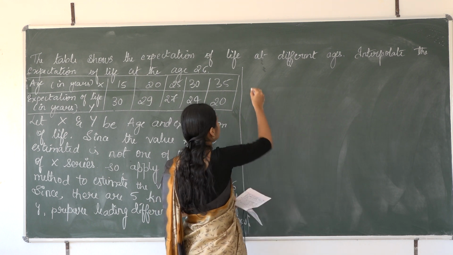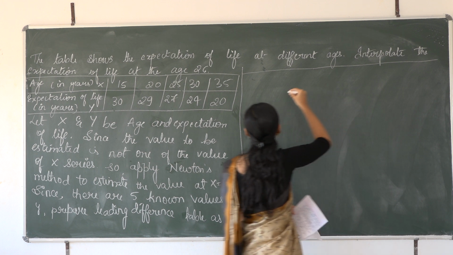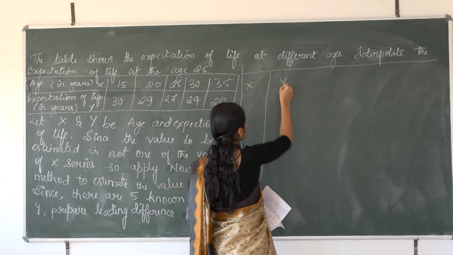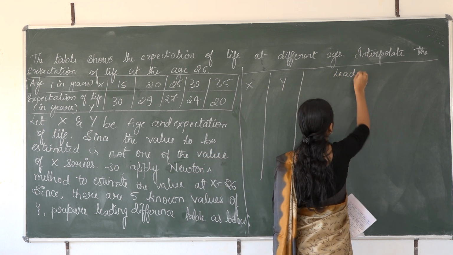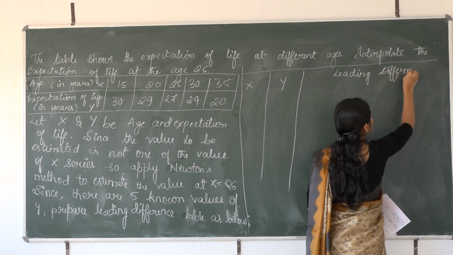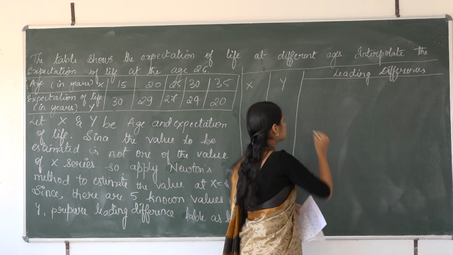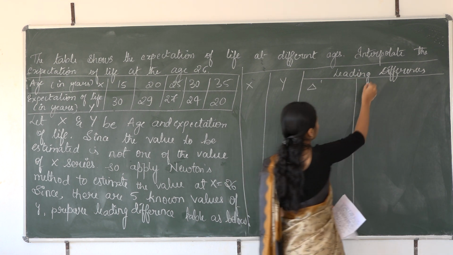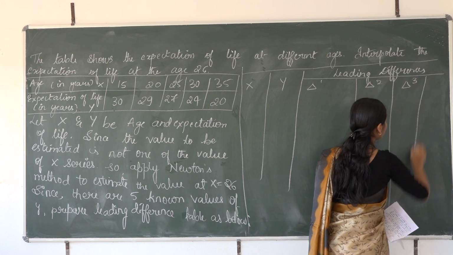The first column is x. The second column is y. Next, the leading differences: first order, second order, third order and fourth order.